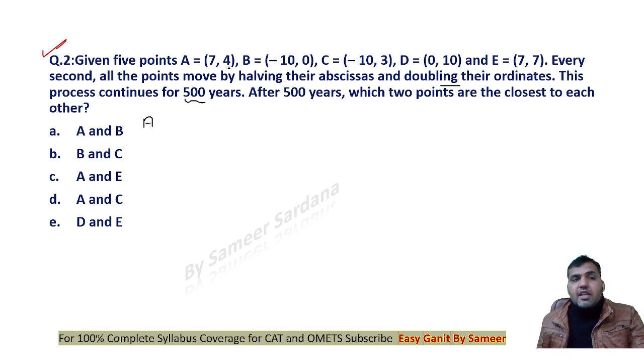So you see that the coordinates of A are 7, 4. If the abscissa keeps on becoming half every second for 500 years, it will be halved a very large number of times, right?